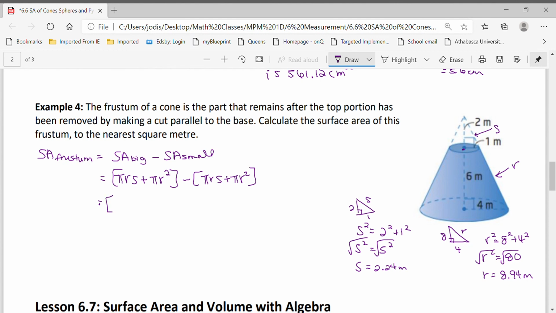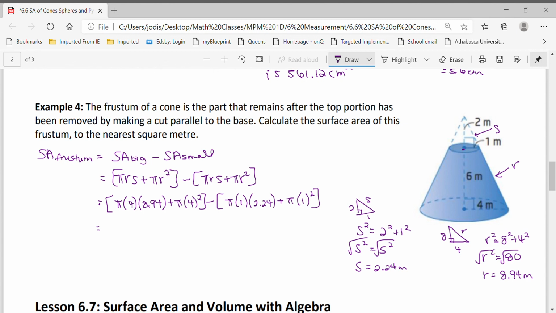Okay, so now I have all the information I need and I can plug it into my equation here. So I've got pi times the radius of the big one, which is 4, times the slant height of the big one, 8.94, plus the radius, 4 squared. Alright, and then for our small, the radius is 1, the slant height is 2.24, and the radius is 1.